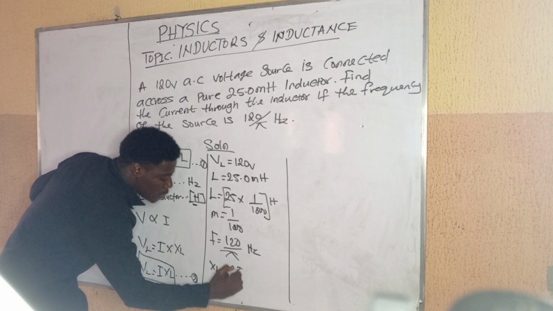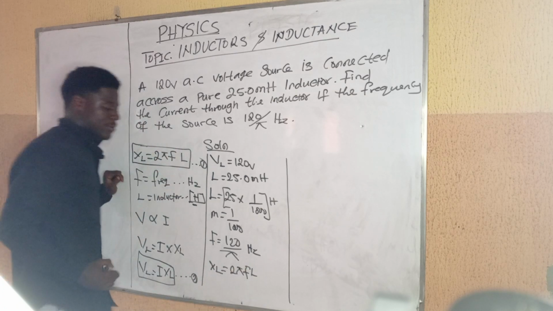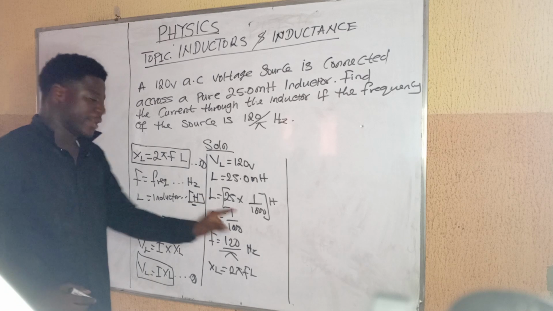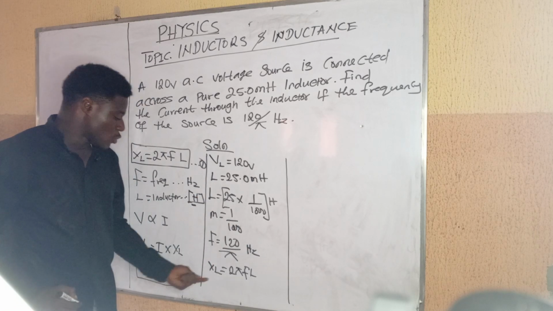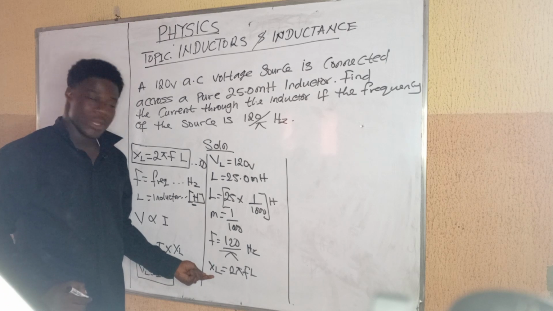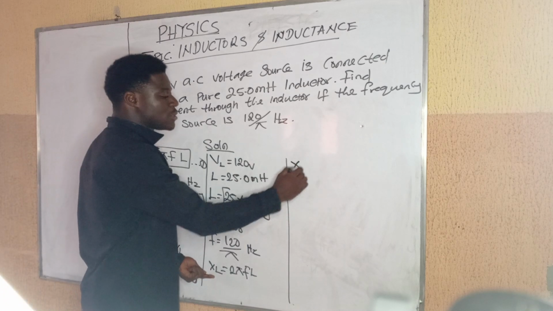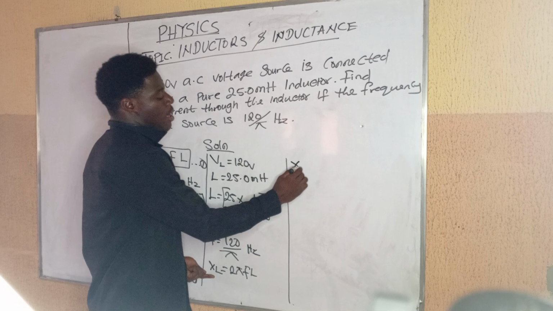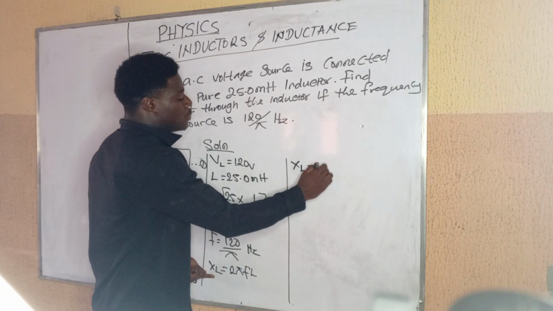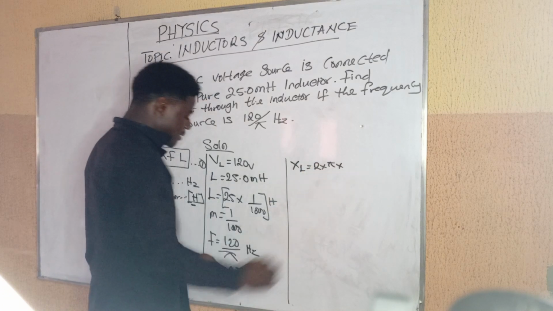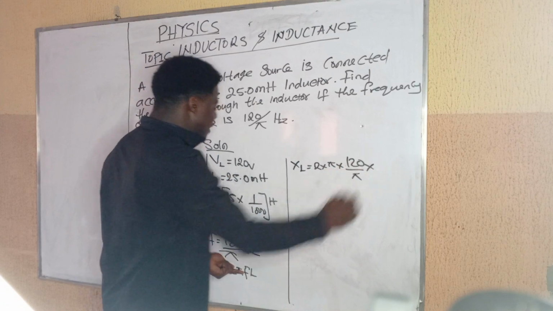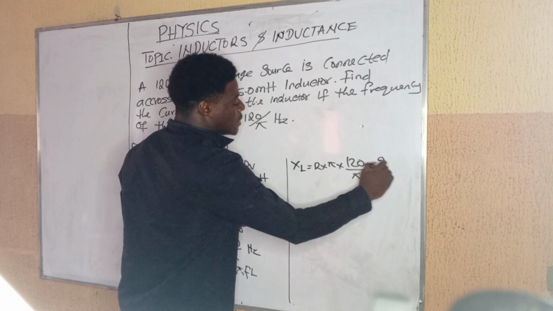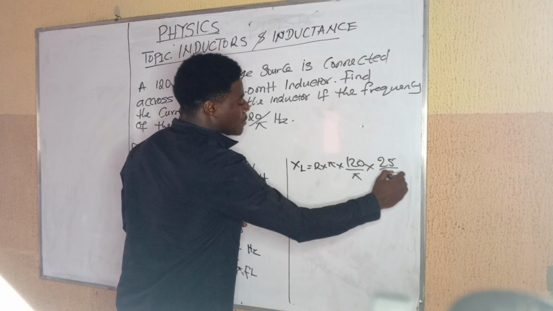XL is equal to 2 pi f L. I have my inductance and my frequency, so I can get my XL. Substituting, XL is equal to 2 times pi times the frequency, which is 120 over pi, times the inductance, which is 25 over 1000.